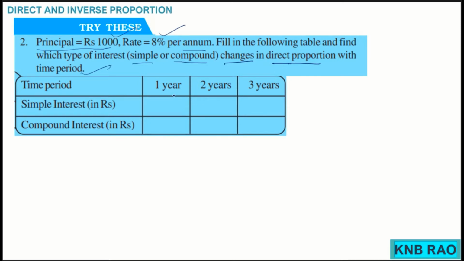Okay, so for your information, the formula to find simple interest is P into R into T upon 100.